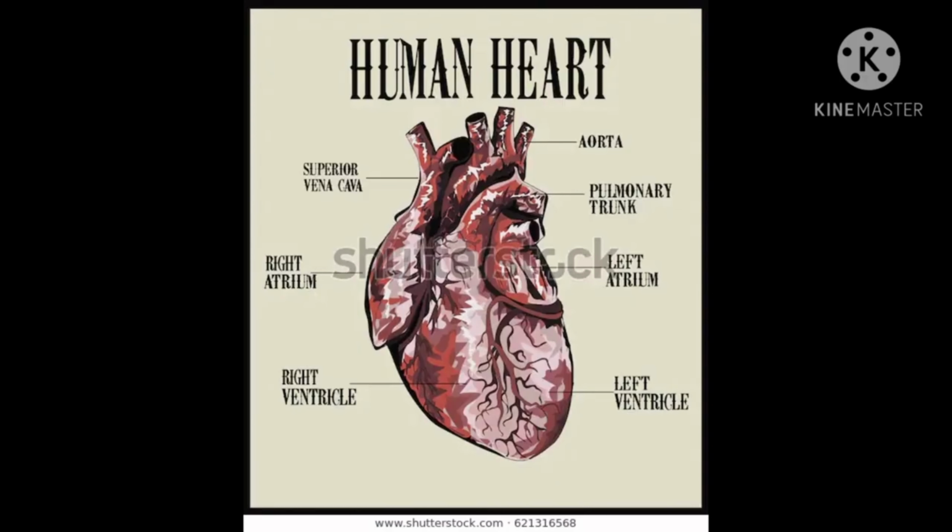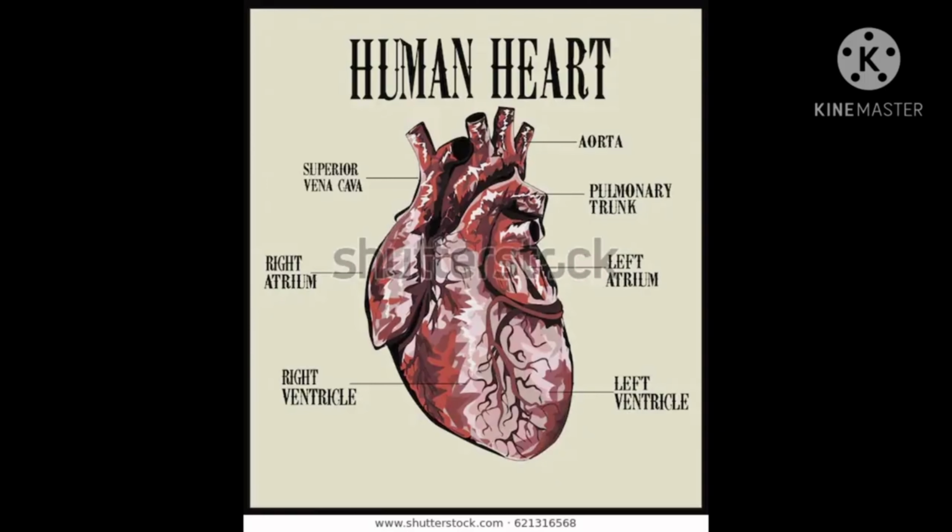Heart is made up of cardiac muscles and works continuously from birth till death. It is divided into two parts by a muscular septum, and each part is again divided into two parts. The upper two parts are known as auricles or atria, and the lower ones are called ventricles. Okay.